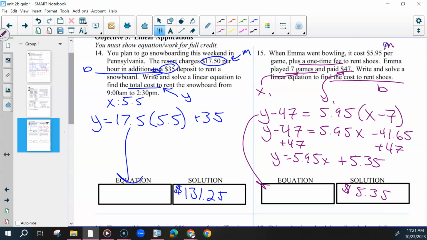X usually is represented with your slope. Cost per gain, so number of gains would be your X, since slope is Y over X. Cost, the Y, total is always Y, so you have to think about things like that. Other questions on that?